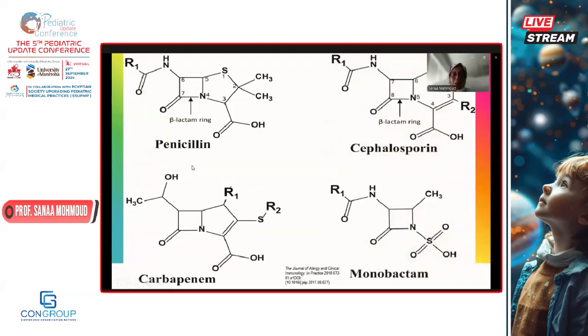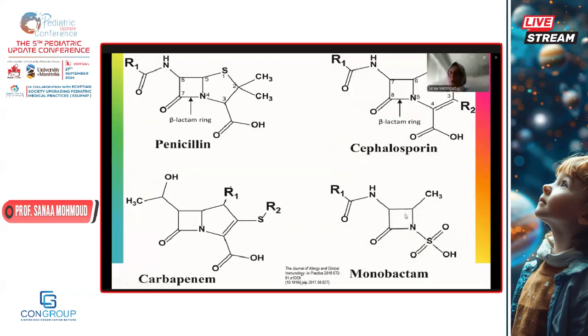But monobactam and carbapenems are not similar to cephalosporin and penicillin. That's why when I talk about the protocols, those groups you can use, because usually there is no cross-reactivity. Monobactam, aztreonam, Azactam, cross-reacts only with ceftazidime.